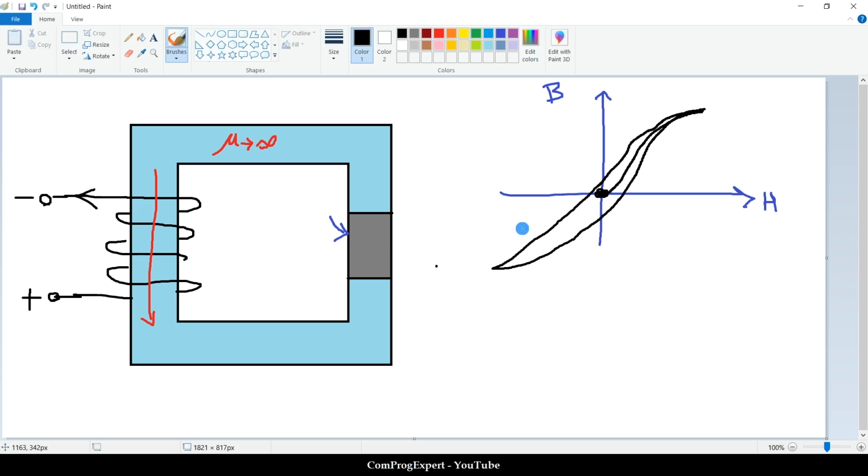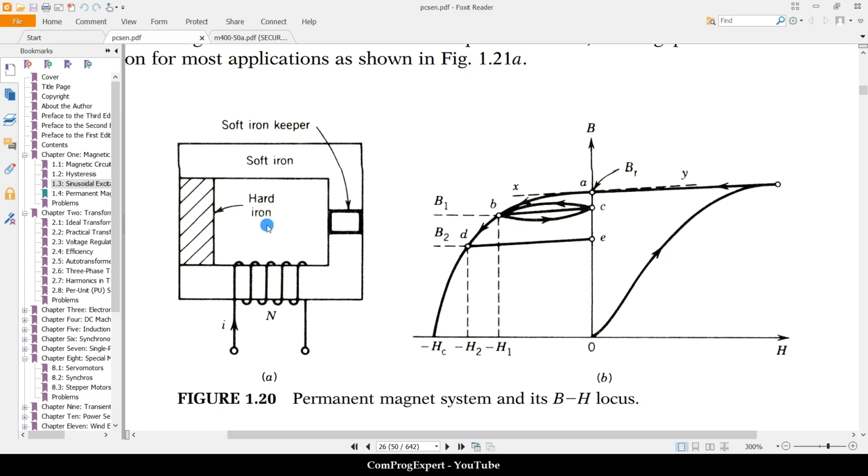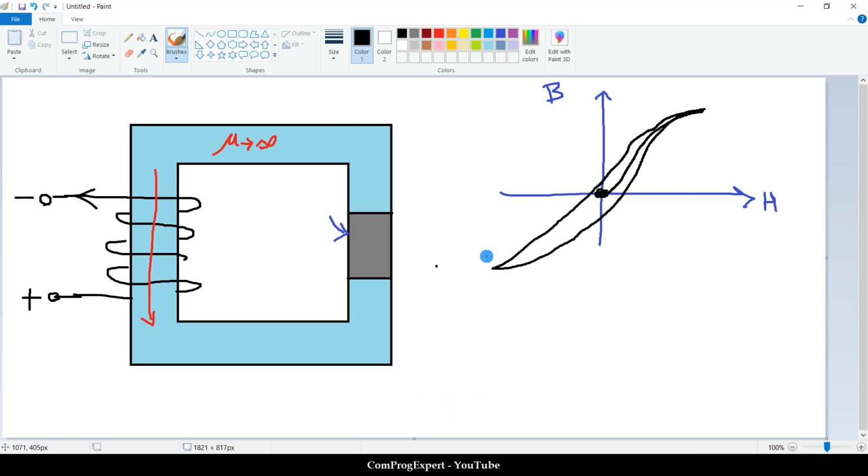But in the case of a permanent magnet, a hard iron, now consider that this is a PM material, a permanent magnet. When we start from this point and increase the value of the coil current, we increase the value of the H along the magnet, right?